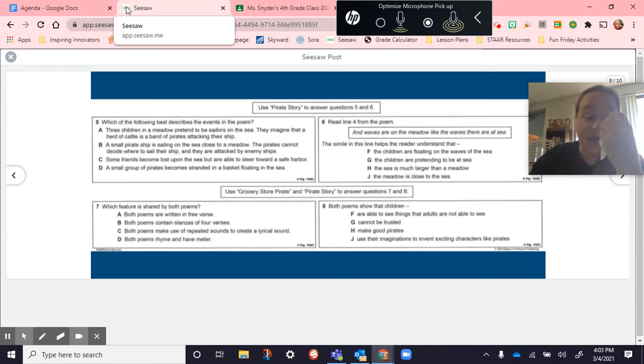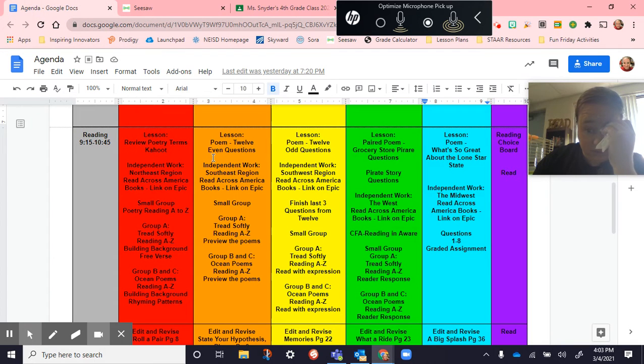And then in the agenda, the independent work was the CFA. You've got that in Aware. It's over poetry. And then you've got the Read Across America books. The link is on Epic.